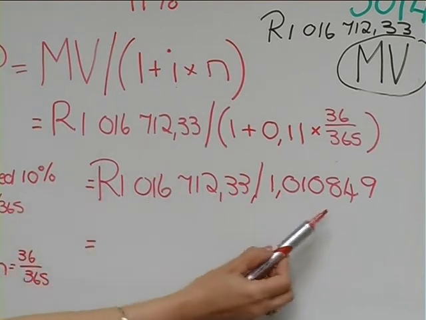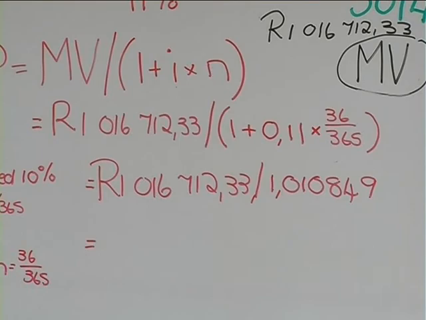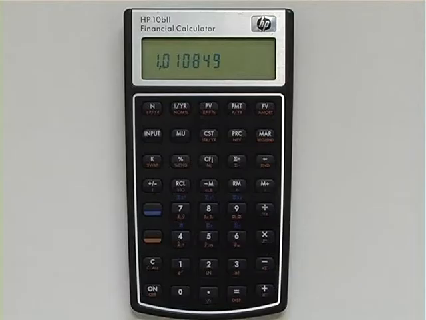But because you have this number on your calculator now, what I always do is to find the inverse of that. So the inverse is 1 over x.